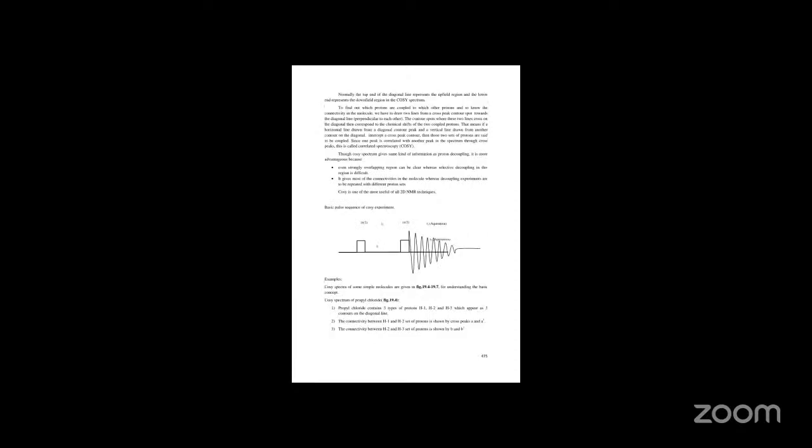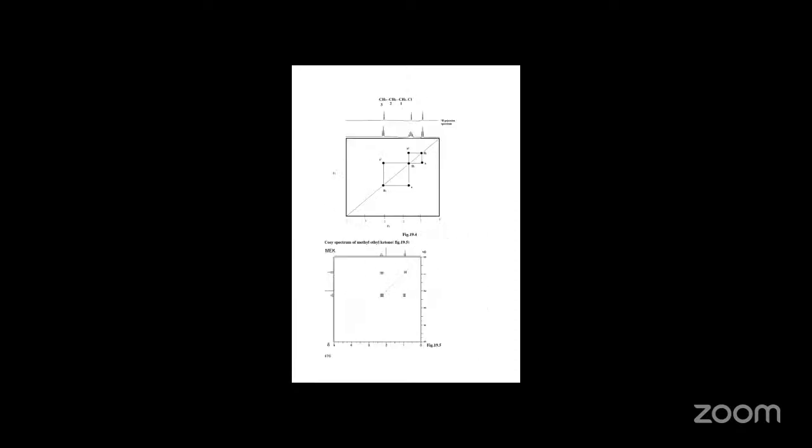In these spectroscopic techniques, the coupling interactions between these protons are recorded and the diagonal contours are drawn. It's a spectrum of fluoropropane, propyl chloride here.